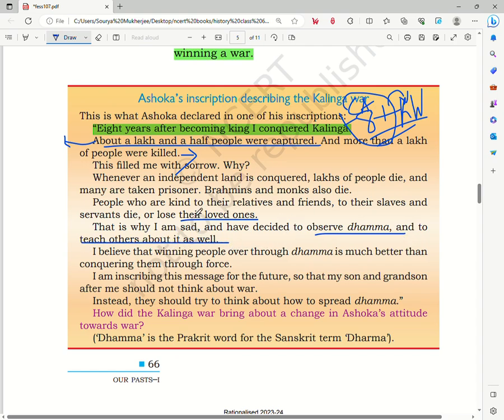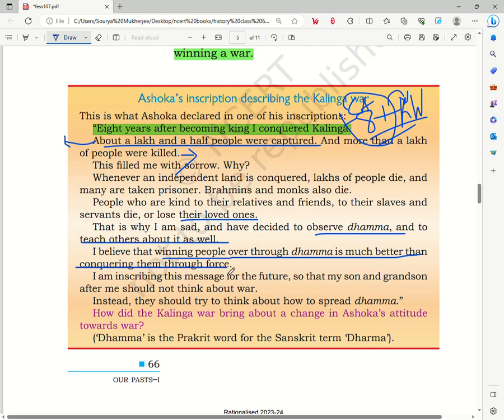So from this we can see that there is a change of heart in Ashoka, and he is moved by the violence that he witnessed during the war, and he decides to preach and follow the path of Dhamma and also teach about Dhamma to others. "I believe that winning people over through Dhamma is much better than conquering them through force."